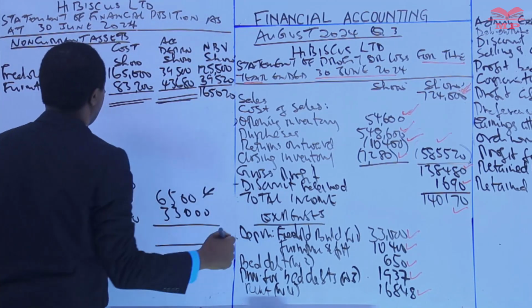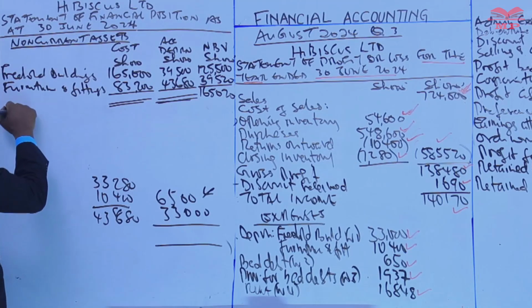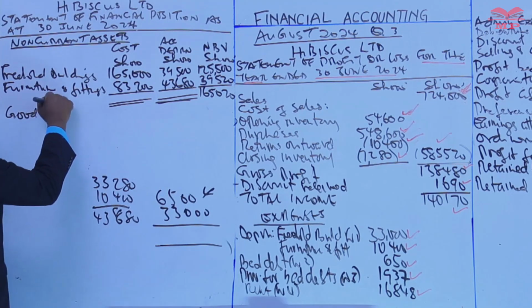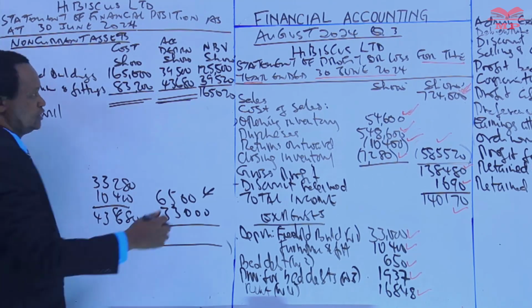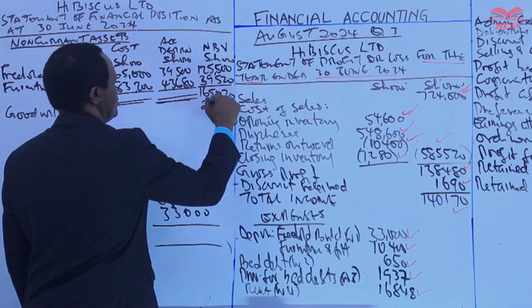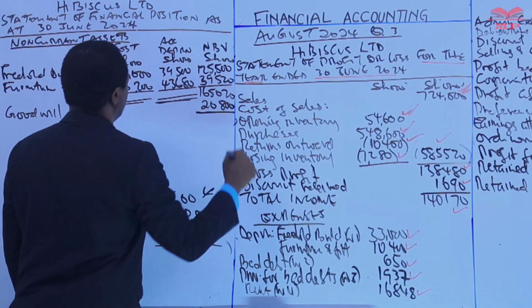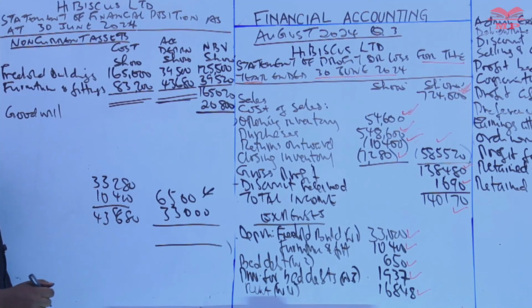Then we add goodwill. There is a goodwill somewhere. Goodwill, the second last item, 2,800. Give me the total. Add the goodwill.